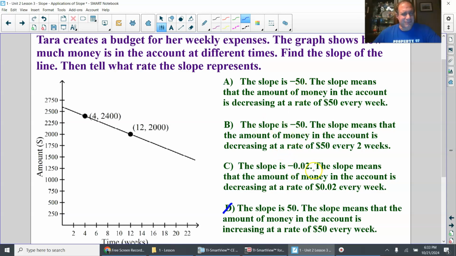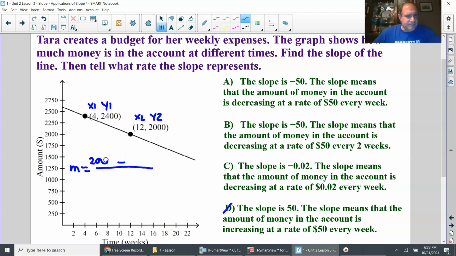All right, the slope is negative 50 and negative 50. It's negative 0.02. So I'm just going to list this as x1 and y1, x2 and y2. So m equals y2 minus y1, so we're going to have 2,000 minus 2,400. We know it's negative because it goes down from left to right, over 12 minus 4.